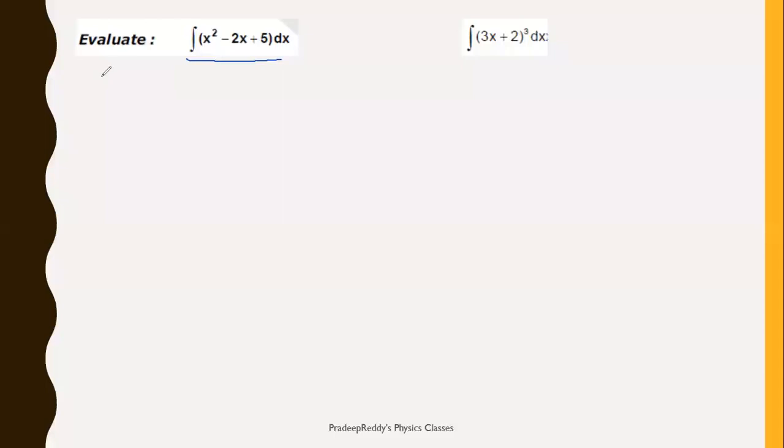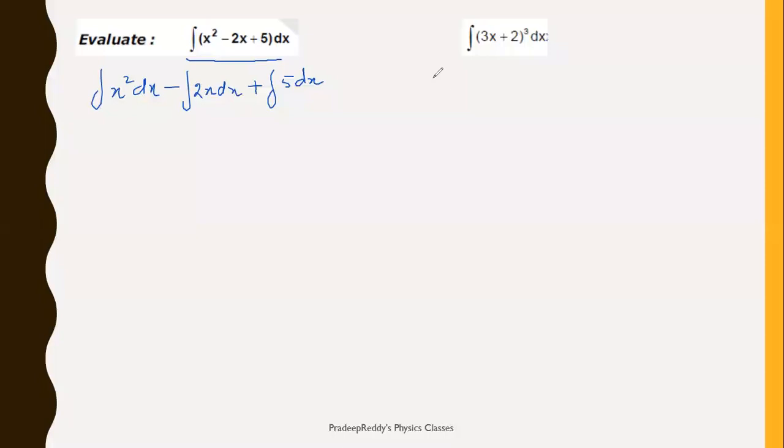This is integration of x square dx. This dx term also should be multiplied inside: integration x square dx minus integration 2x dx plus integration 5 dx. So what I am doing here is multiplying this dx with each and every term, and separately we are integrating each term.